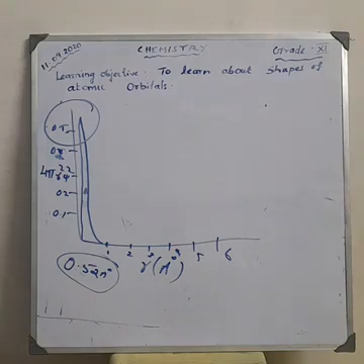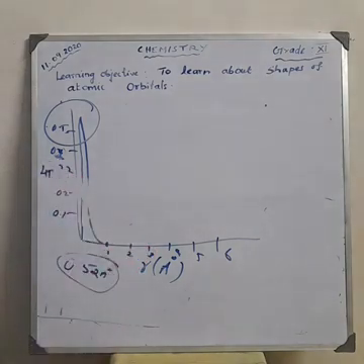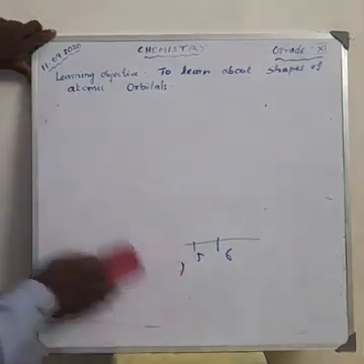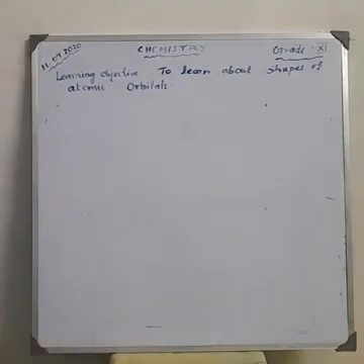Next we can discuss the radial distribution function of the 2s and 3s orbitals. I will draw the graphical method for you.